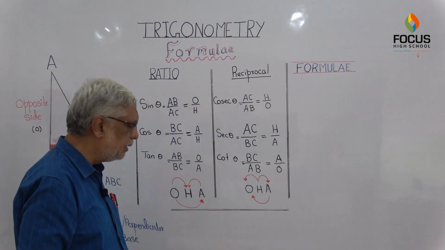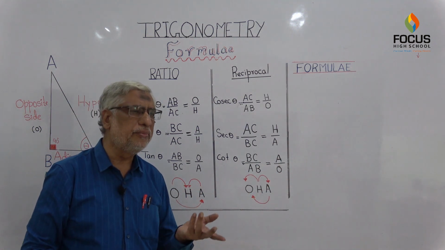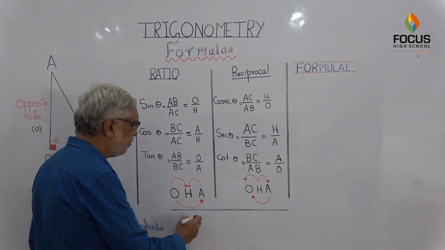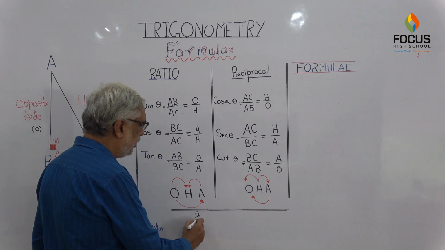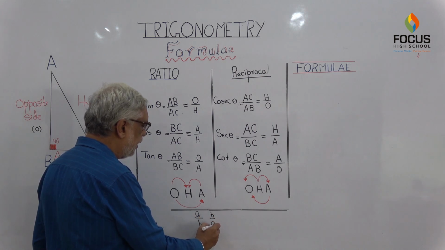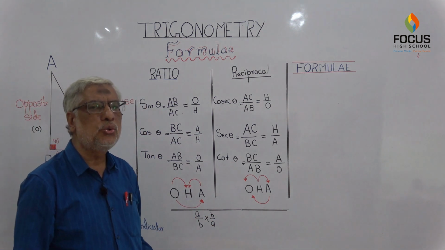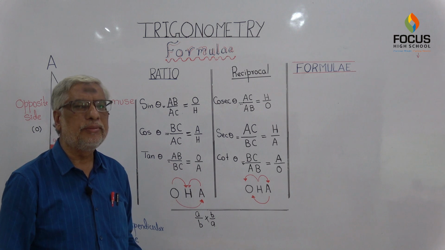That's it. Now we know a very fundamental, basic thing in mathematics. If I write ratio A is to B, or A upon B, and I write its reciprocal also, B upon A, and find its product, if I multiply these two, what will be the product?